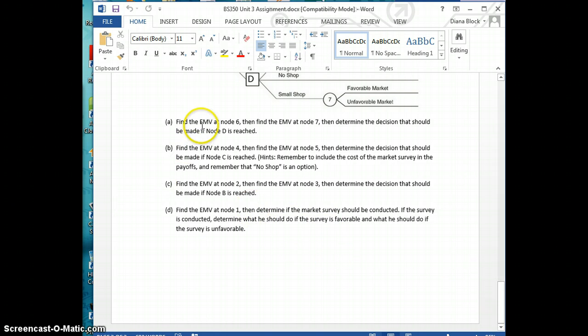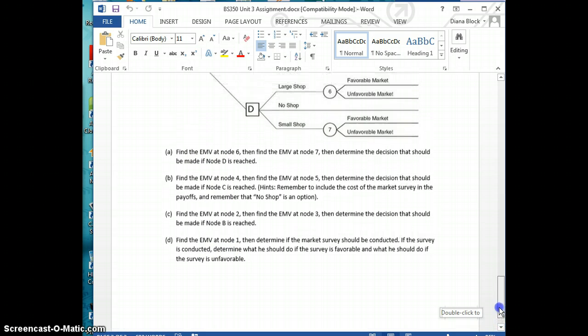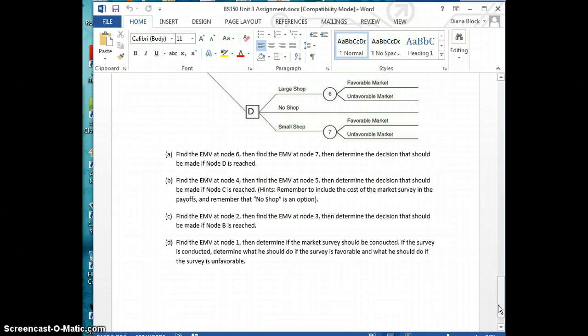So problem 4 is just calculating EMVs to find the optimal decision, the expected monetary values. So that's using the same information in pages 89 to 93, pages 68 through 73. But you're going to read the whole chapter and review the PowerPoints, but those are the areas where you can focus to help you get through the homework assignment.